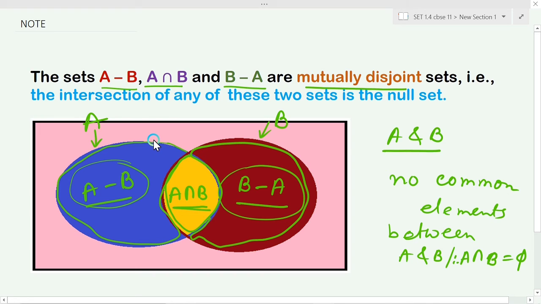Okay. So this is all about mutually disjoint sets.